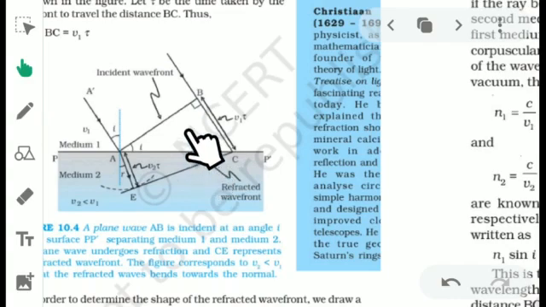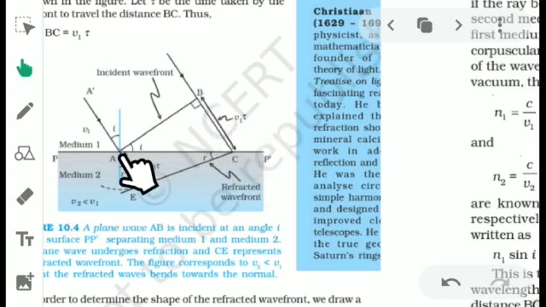Now we can see what is BC. Now what is BC actually? The wavelets from the incident wavefront reach from the point B to C. The distance travelled by the wave from B to C, that is BC, is V1t.